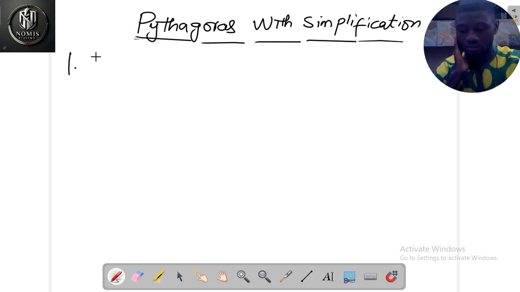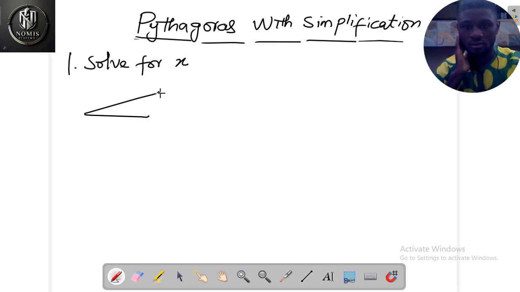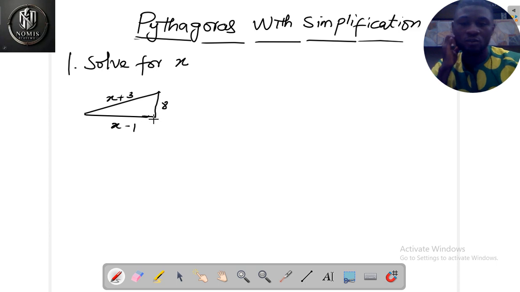The question says solve for x in this right angle triangle. Here we have x plus 3, here we have 8, and here we have x minus 1, and we have to find the value of x.